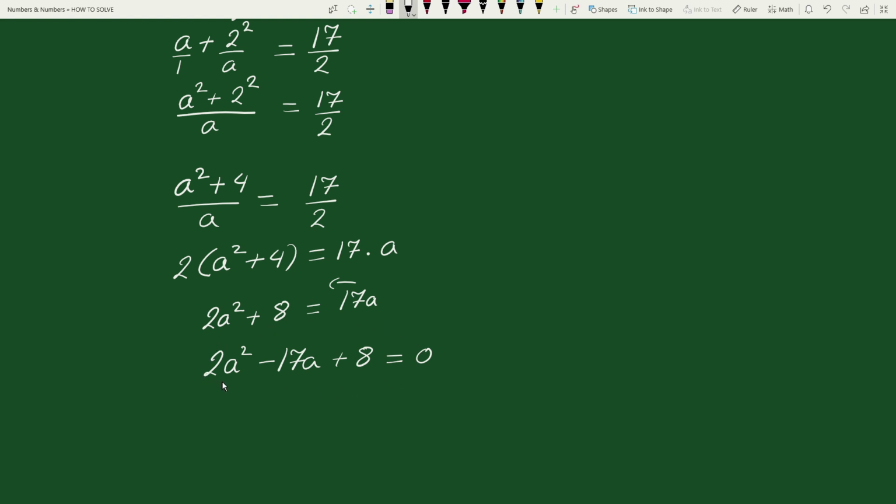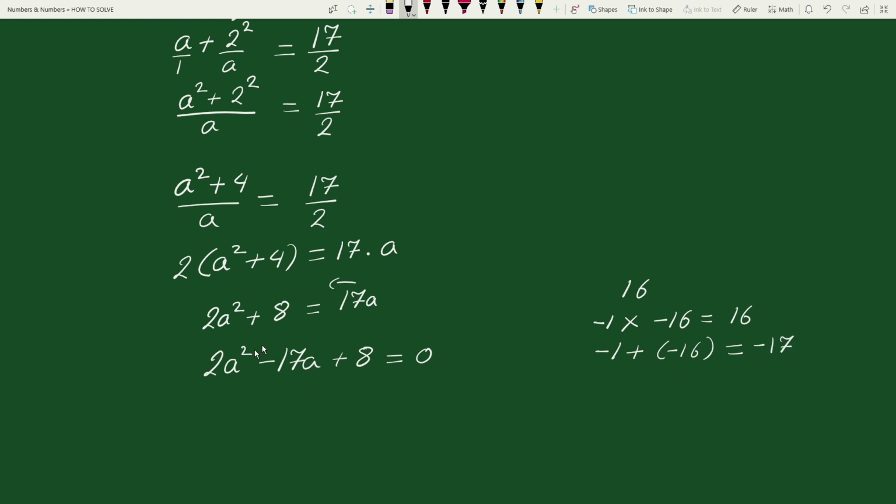To solve this quadratic equation, we will factorize it by splitting the middle term. Now 2 times 8 is 16, and minus 1 times minus 16 equals 16, and minus 1 plus minus 16 equals minus 17.